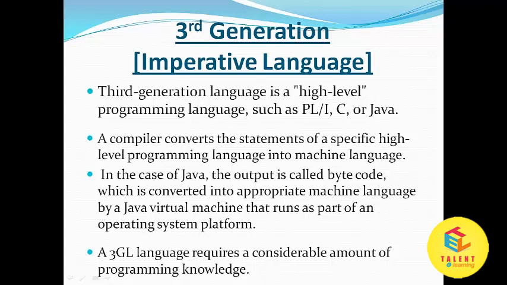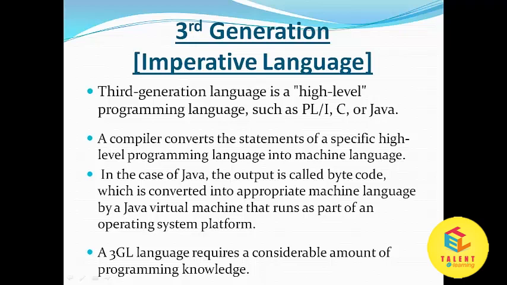In the case of Java, the output is called bytecode, which is converted into appropriate machine language by a Java virtual machine that runs as part of an operating system platform.